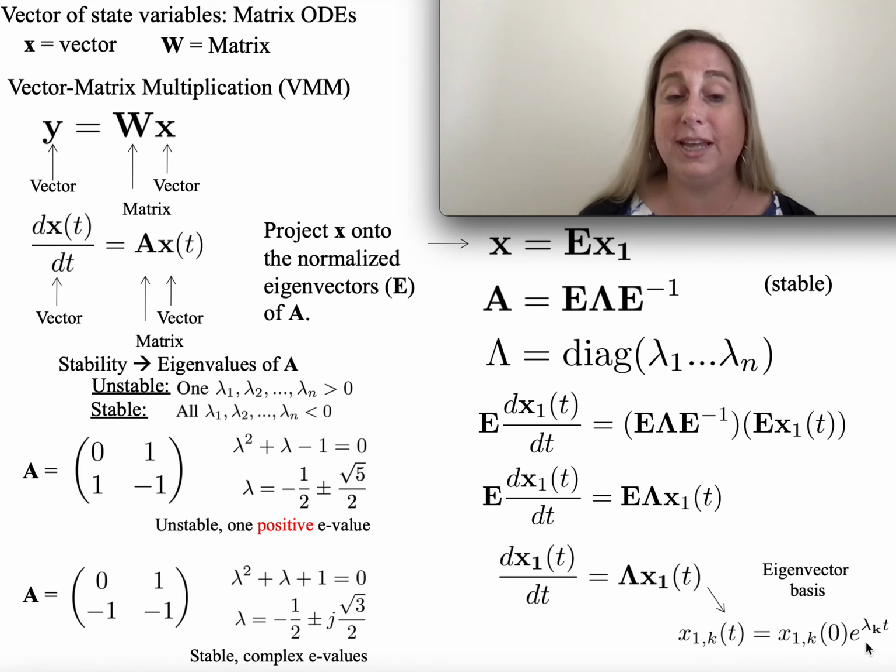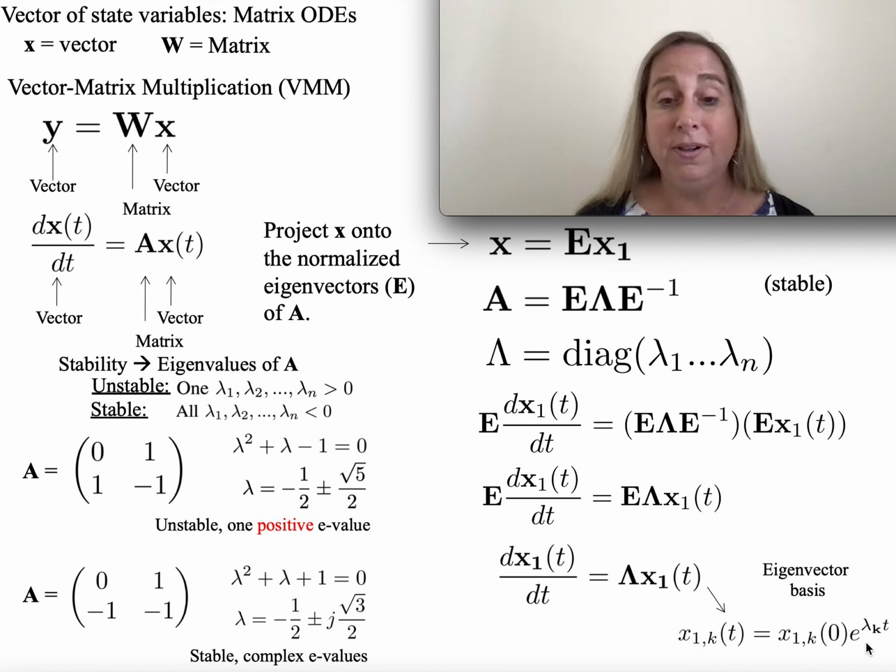So the eigenvalues tell me everything. If the eigenvalues are positive, it's going to explode to a very large value. If they are 0, well, 0 goes nowhere. And if they are negative, it's going to decrease towards 0. So I can talk about stability. In other words, are all the eigenvalues negative in this formulation?